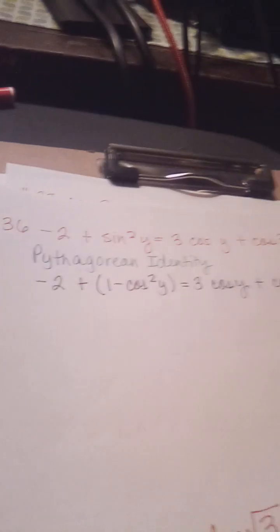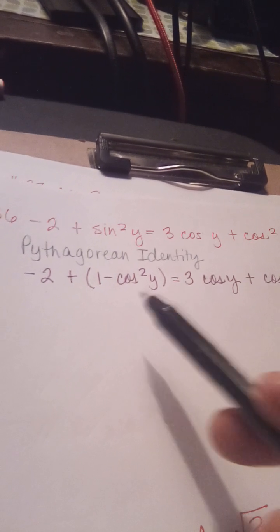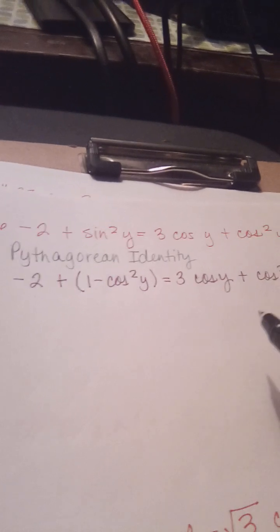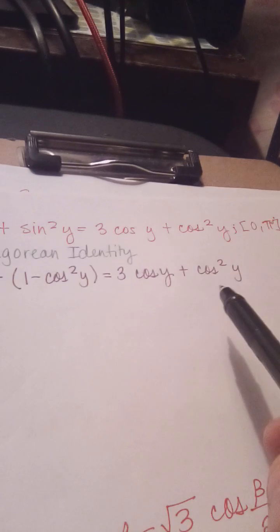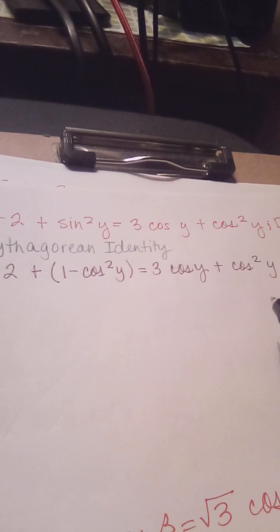So that's the first step. This is involving the Pythagorean identity. So when you look back in your notes, you can see why I used this part. Any questions so far on this part?